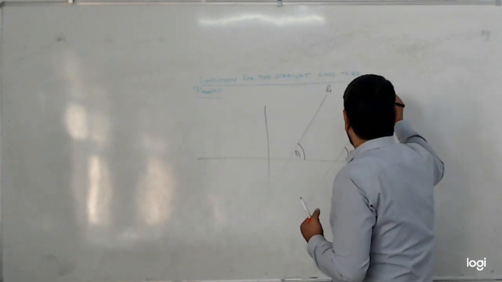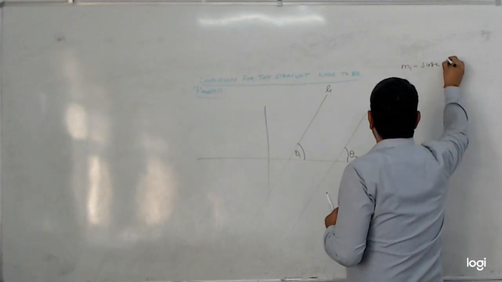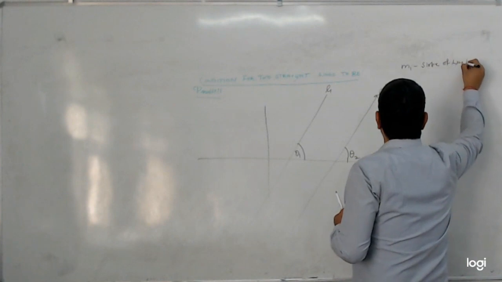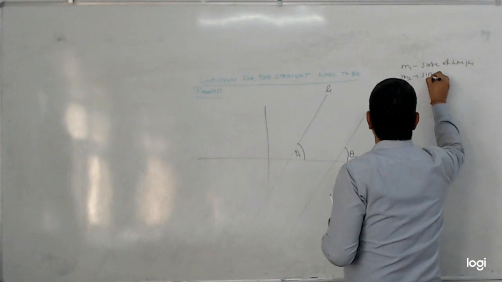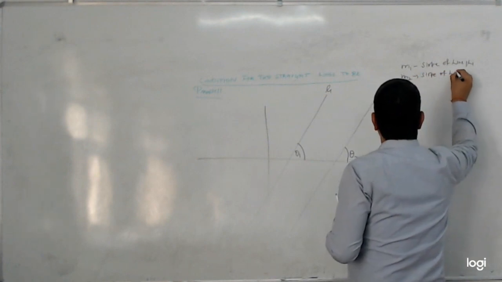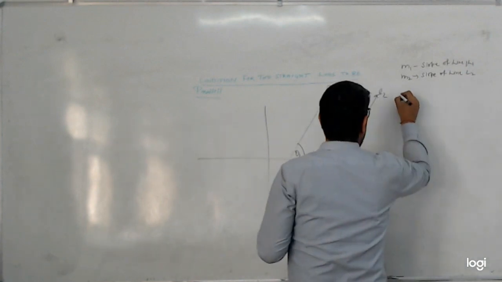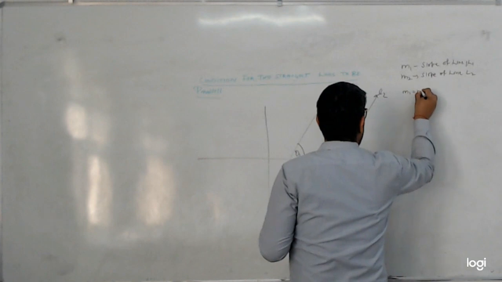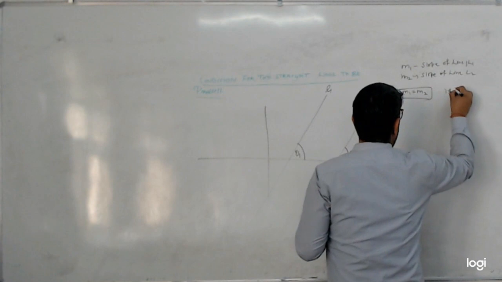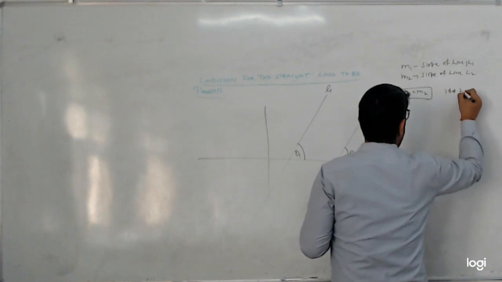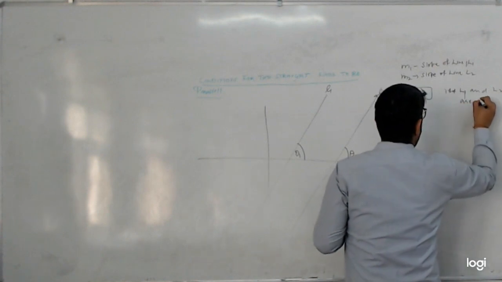That means if I am given m1 is the slope of line L1, m2 is the slope of line L2, then lines L1 and L2 are parallel if and only if m1 is equals to m2.